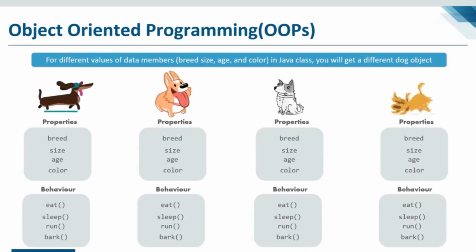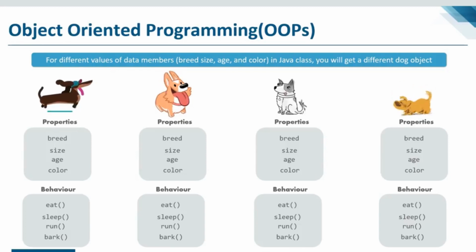Size, they can have different sizes, but they all have sizes. Number 3, age, they all have ages. It can be different, it can be same. And the color, now it depends. Some dogs come in different colors.